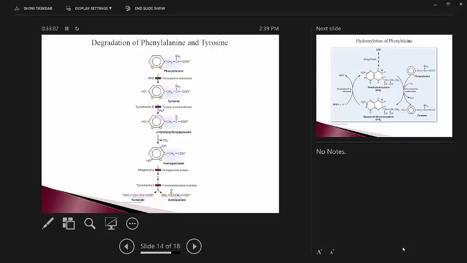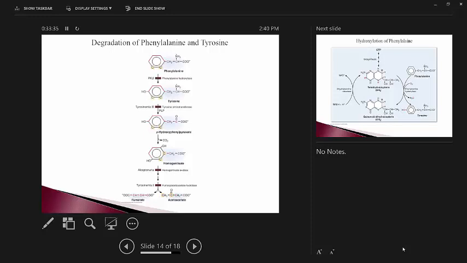And then, in essence, what's happening is it puts another hydroxyl group, and there's an aminotransferase. The amino group gets transferred to a carbonyl, and we end up getting para-hydroxyphenylpyruvate. What happens is there's a deficiency of this enzyme, the aminotransferase.